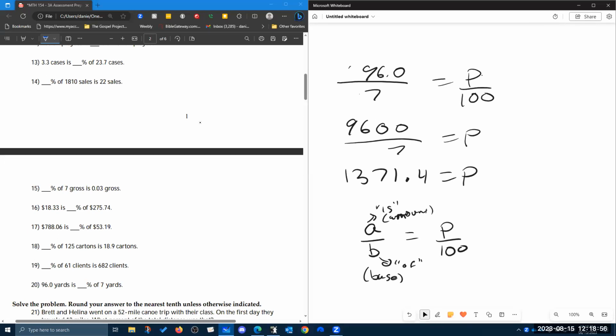You don't need to worry about what the base is and what the amount is if you just stick with is over of equals P for percentage over 100. You are filling in the blank for the percentage in this section. Just know that there are other types of proportions you'll do later that solve for the amount or the base and give you the percentage.